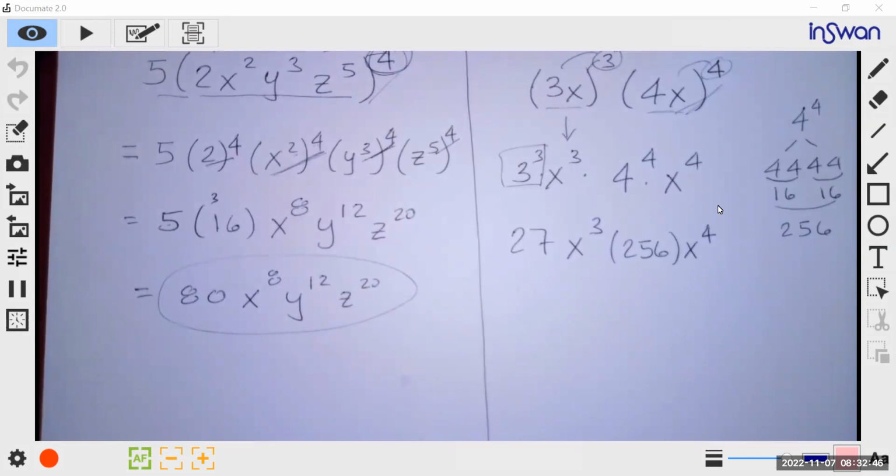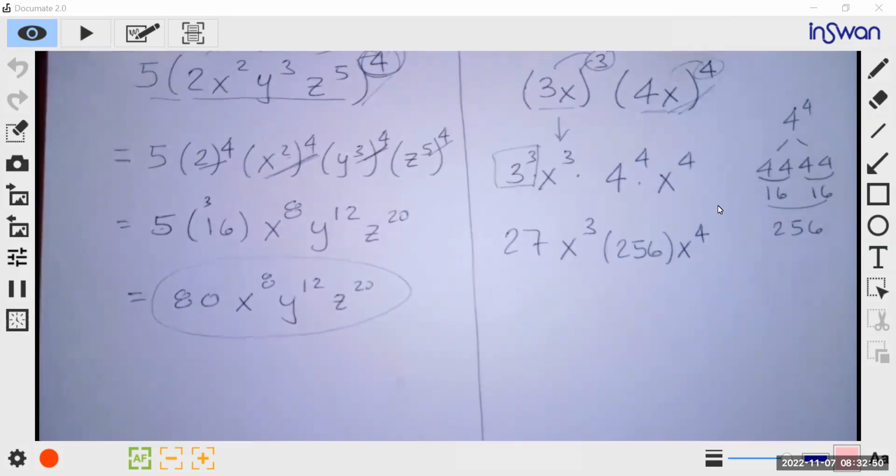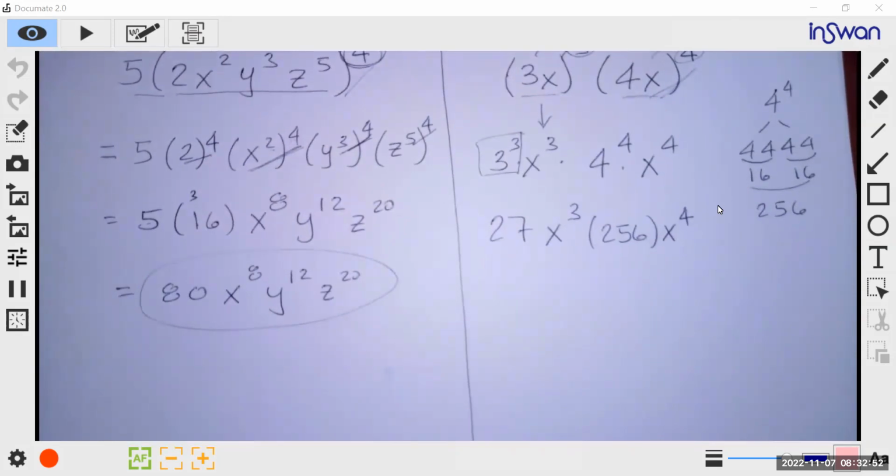What can we combine? Can we do anything with the numbers? Can we combine the numbers? Multiply them, yeah.